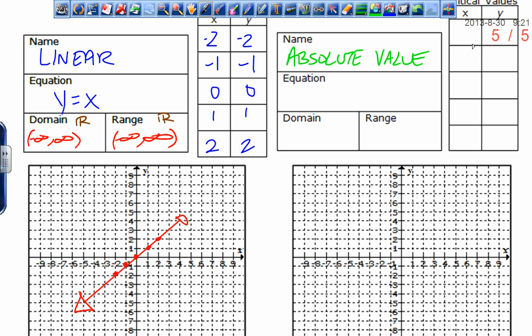The equation is going to be y equals the absolute value bars of x, with two little vertical lines on either side of the x. That's what that means. We're going to use the same x values for my chart here. So let's go -2, -1, 0, 1, 2.